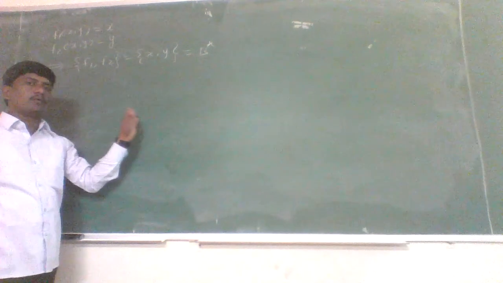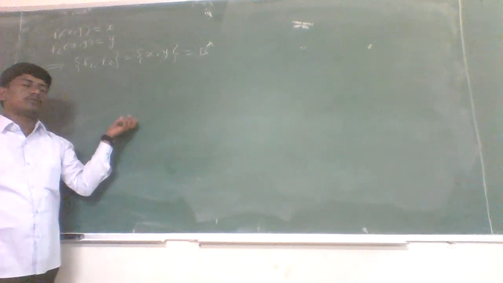Suppose we have F1 of alpha 1 equal to 1, F1 of alpha 2 equal to 0, F2 of alpha 1 equal to 0 and F2 of alpha 2 equal to 1.